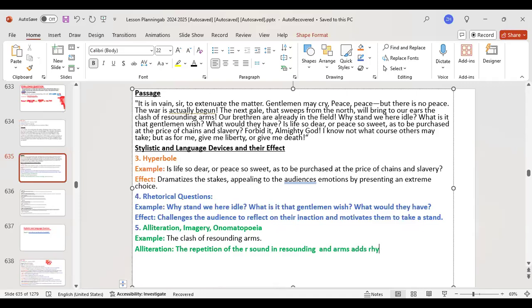So that's what alliteration does. It adds rhythm and emphasis. All right. That's the alliteration part of it.